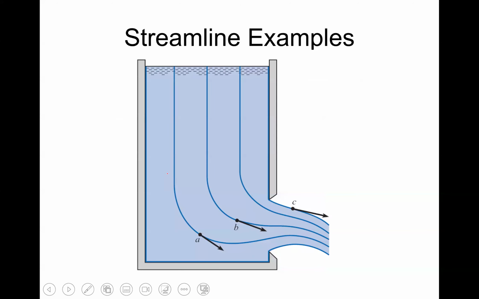And this is a weird example of a streamline because you have a tank that is draining, and you can imagine you have streamlines following that drainage, right? There's two things that I want you to note in this system.